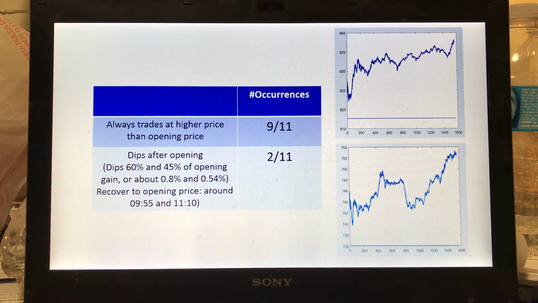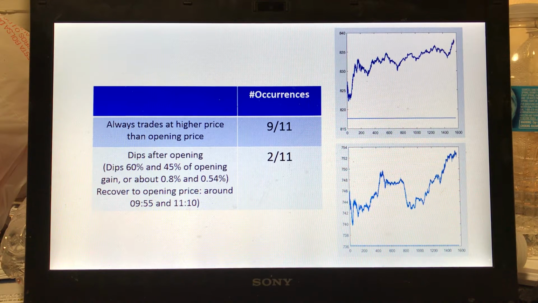In these two cases, the stock dips about 60% and 45% of the initial gain at the opening, or about 0.8% and 0.54% in terms of the stock's previous close price.